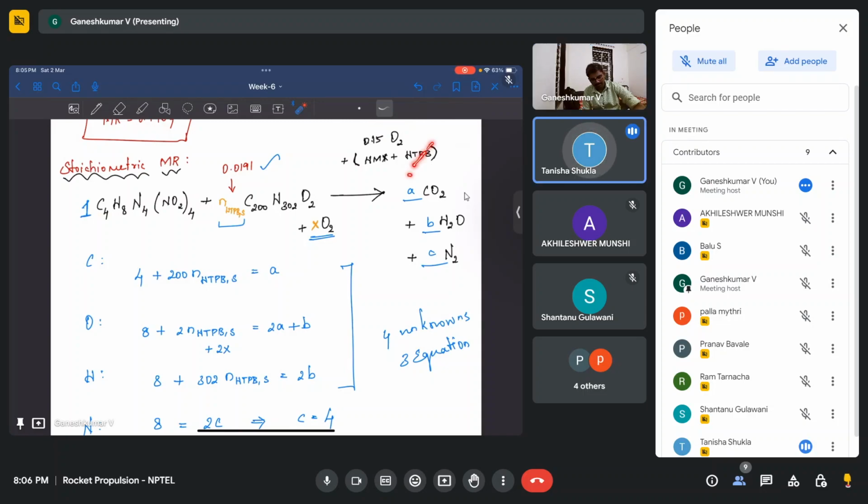Yes, sir. We should consider it. So if you consider it, are you still getting 0.15 moles of O2, or are you not considering it?